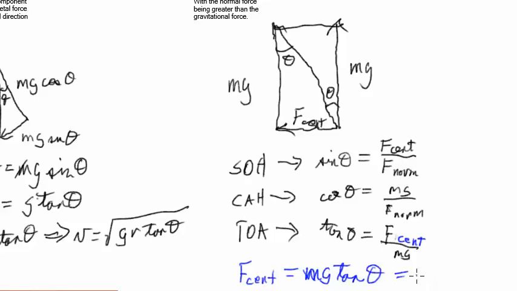And that is mass times centripetal acceleration, which is mass times v squared over r. This can be solved by first canceling out an m.